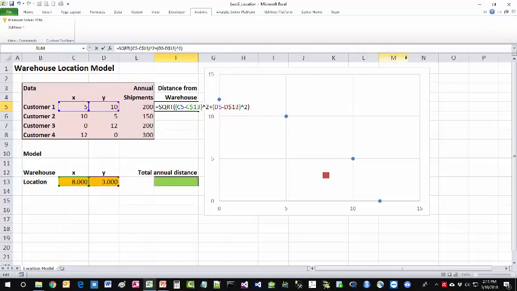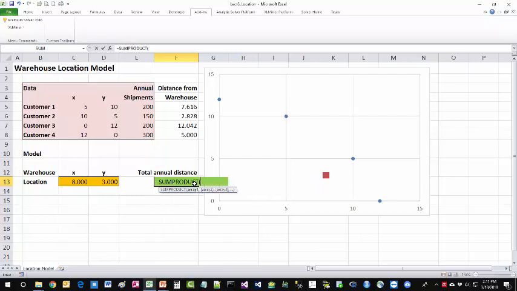Then close the square root function and you're going to get a number. You apply that same formula for the other ones, and then for the total distance, we use those annual shipments as weights on these geographical distances. So it is simply going to be a SUMPRODUCT of those annual shipments acting as weights with these straight line distances in column F.